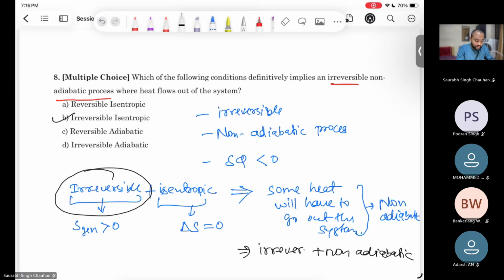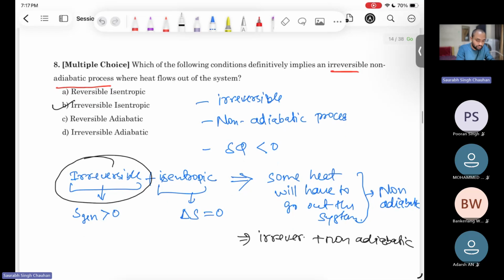You should understand the concept that an isentropic process can be irreversible, but sometimes you will simply see the words isentropic device written. Then, in that particular context, it will be clear that you have to consider the process to be reversible. So you should be comfortable with both things.